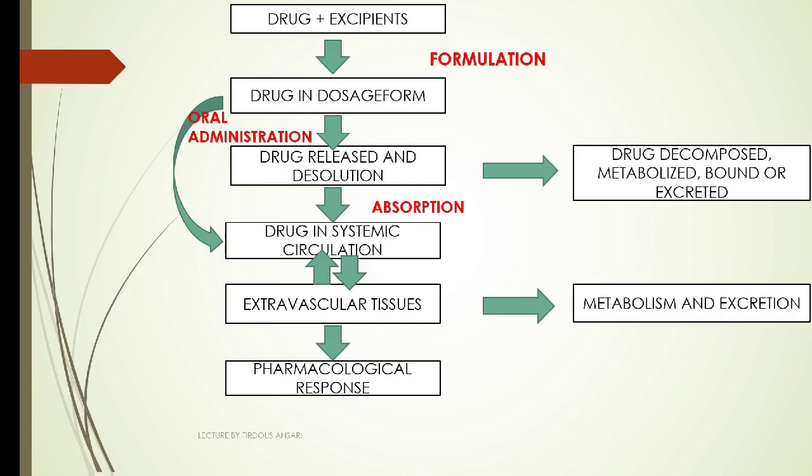It may cause activation or inactivation of an enzyme. It may cause activation or inactivation of a transporter. It may interact with any other drug present in the body, or it may interact with the food particles present in our body. It may do anything. So all these things are known as the pharmacological response.